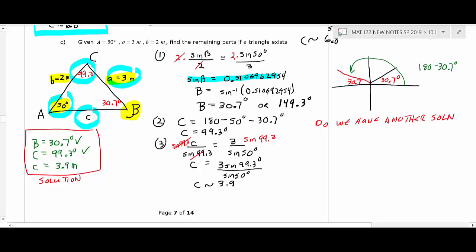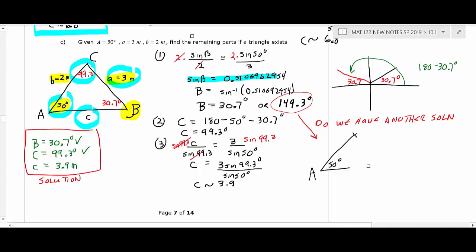All right, so we're now going to take this angle here, and we're going to work with this. Okay, so what we have in our original diagram, we were given that A was 50 degrees. Let me redraw this so it's drawn a little bit more to scale.